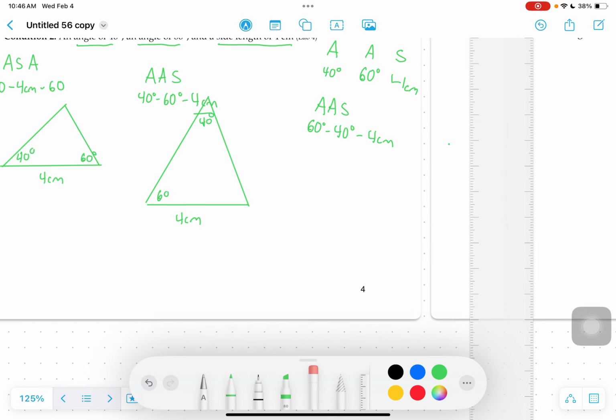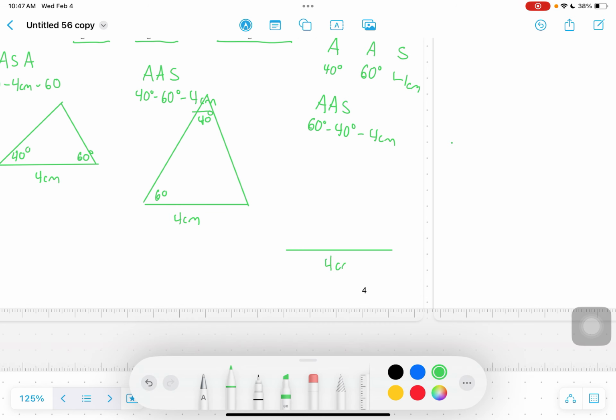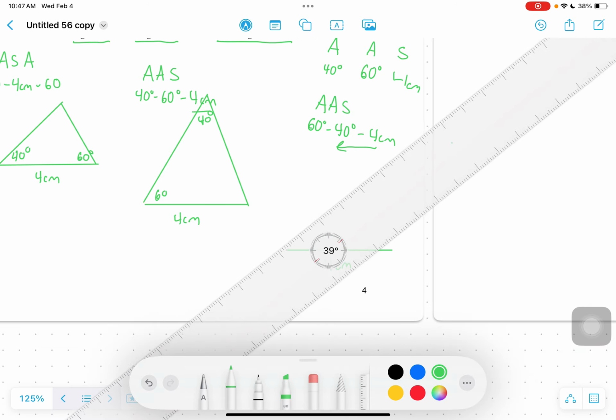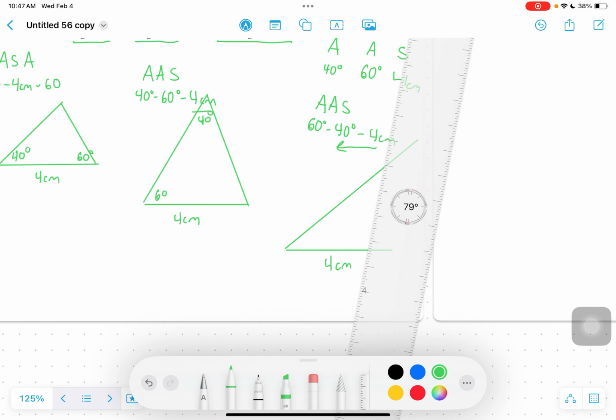All right, let's draw our last triangle over here. 1, 2, 3, and 4 centimeter base. I'm drawing it in this order to help me. We're going to start with our 40-degree angle. Draw the line longer than I think I need.